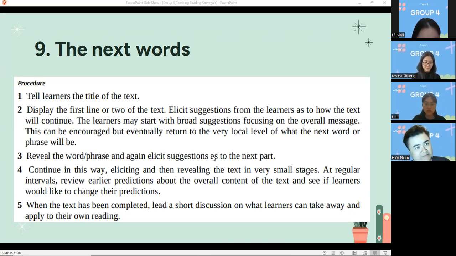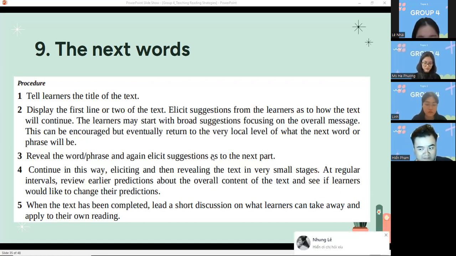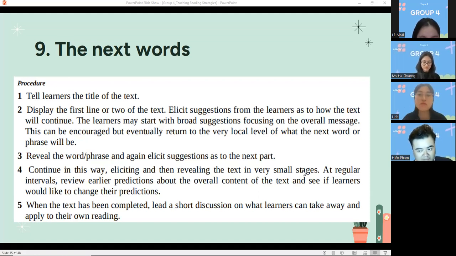In the fourth stage, it will continue, and the teacher will elicit and then reveal the text in very small stages. At regular intervals, review earlier predictions about the overall contents of the text, and see if learners would like to change their prediction. In the last stage, when the text has been completed, the teacher will lead a short discussion on what learners can take away and apply to their own reading.